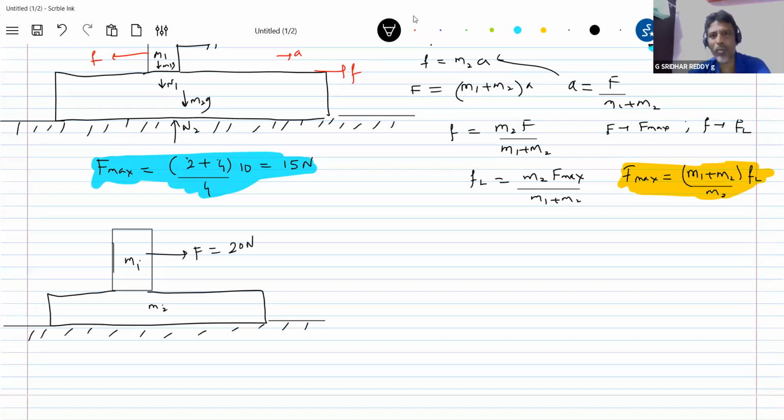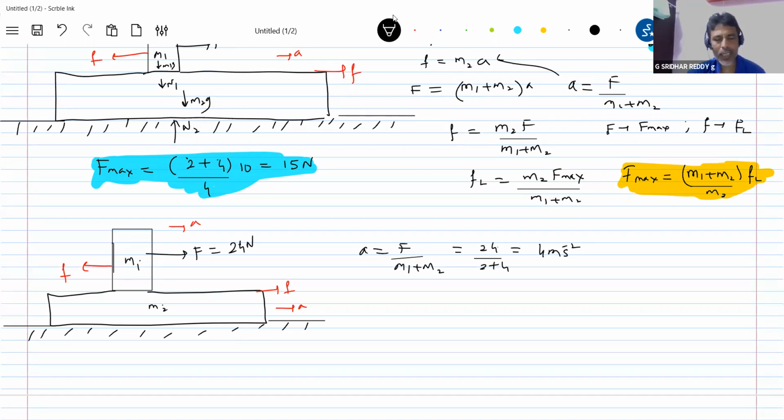Don't bother about this formula. I'm not sure whether slipping will occur or not, for the same values. I'll assume no slipping occurs and work out the problem. Acceleration equals F by m1 plus m2. I'll make it 24, so calculations will be easier. So 24 by 2 plus 4, this will be 24 by 6, 4 meter per second square.